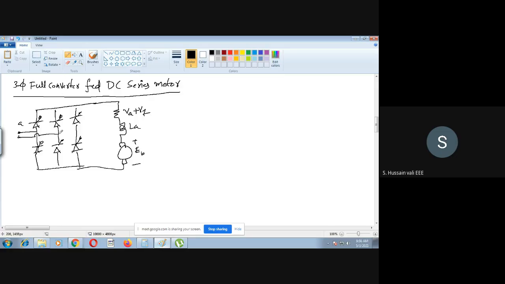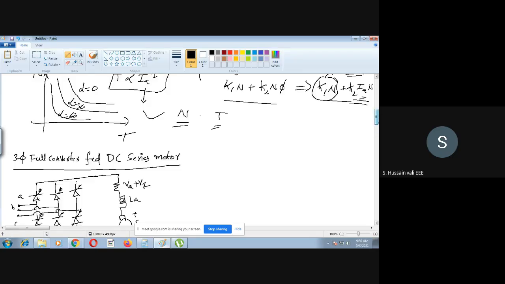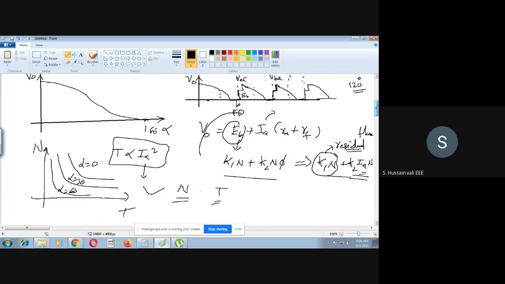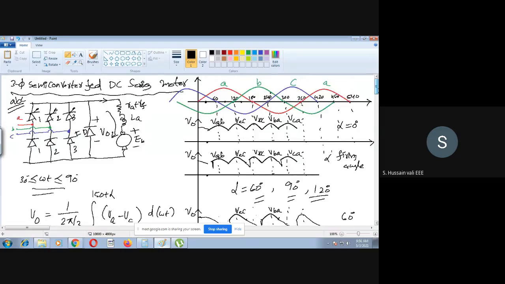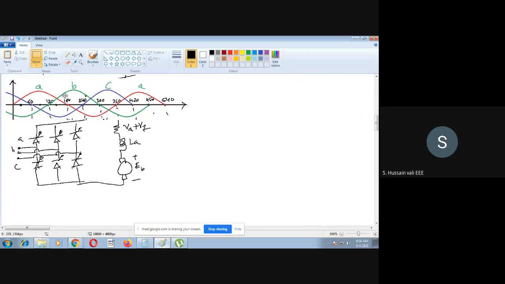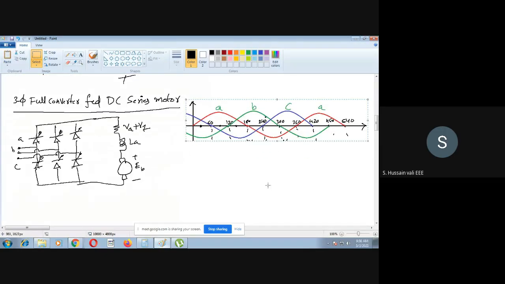A, B, C. Okay, we'll do one thing. We'll copy this picture here rather than drawing once again. So we'll have this.